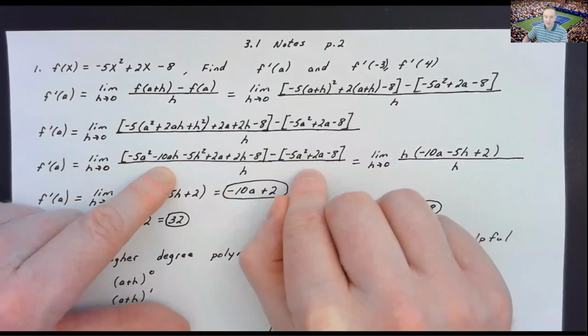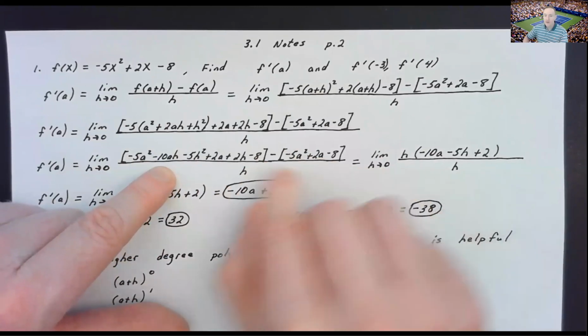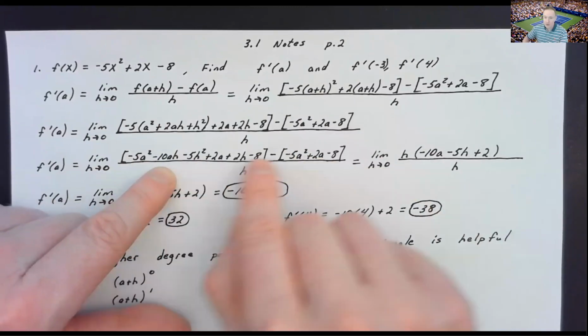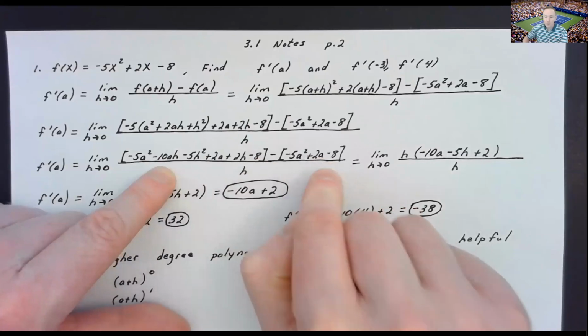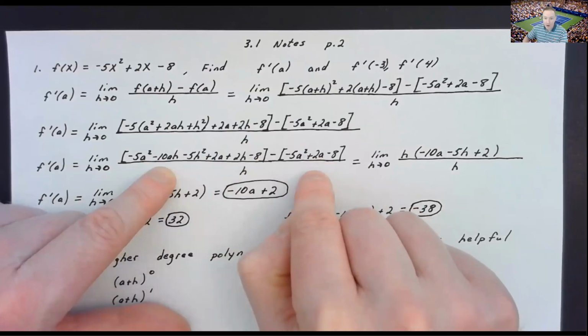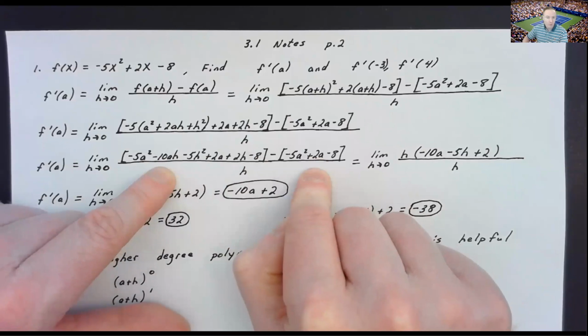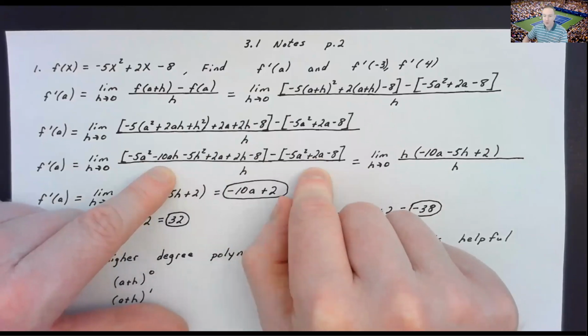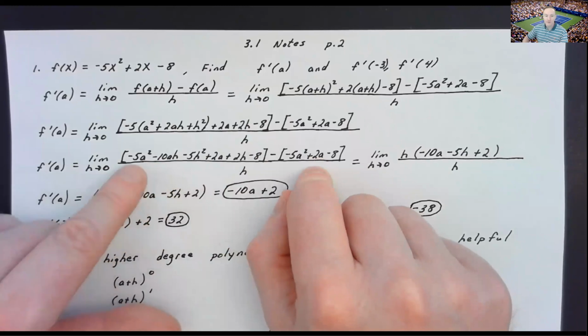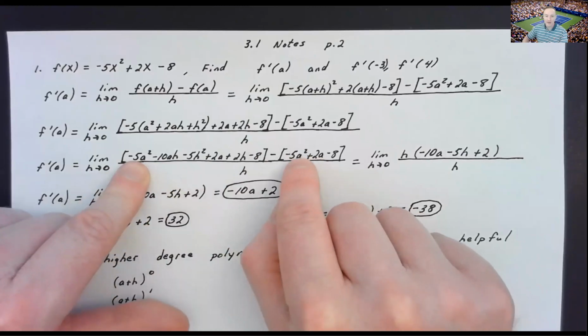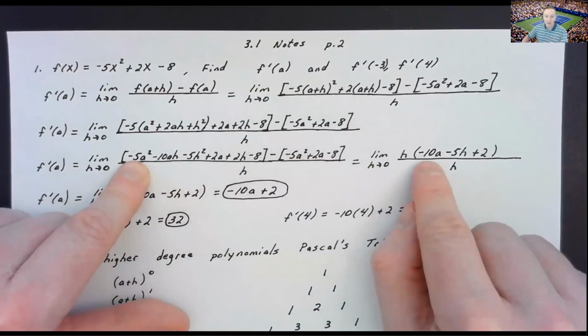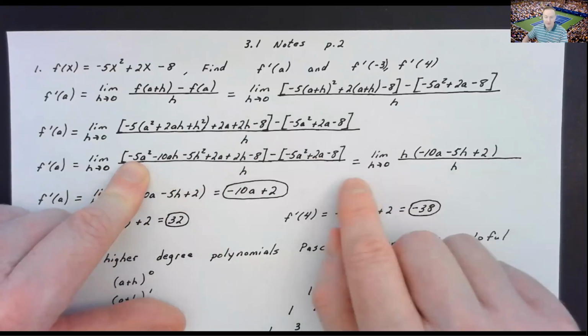And here's where I want to be extremely clear. The terms of f of a plus h and the terms of f of a will always, always, always cancel. Without exception, they always cancel. So if you're thinking, ooh, -5a squared and -5a squared, I'm going to make that -10a squared. Horrible. They never combine.